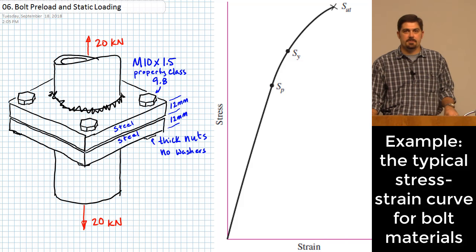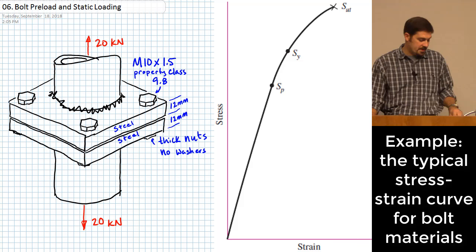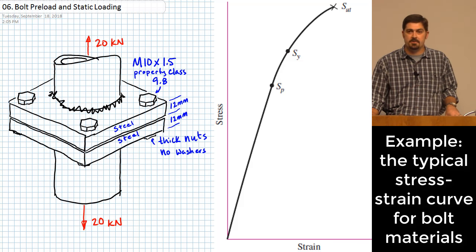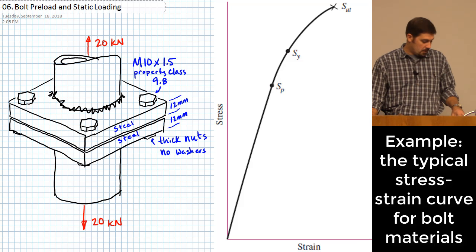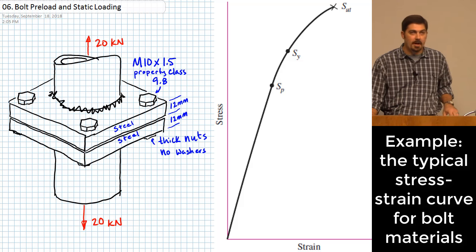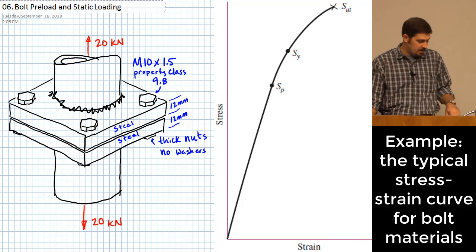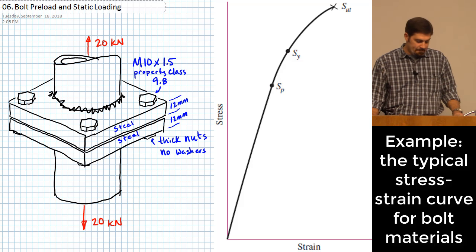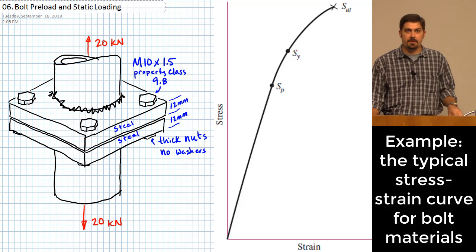Some sort of cold working process or other processes are generally applied to high strength bolts so that they do not have as much plastic deformation that they can go through before they break. It does have some plastic deformation, and you can see that by the little curved piece at the end, but not as much as some of the more ductile steels that we have looked at in the past.